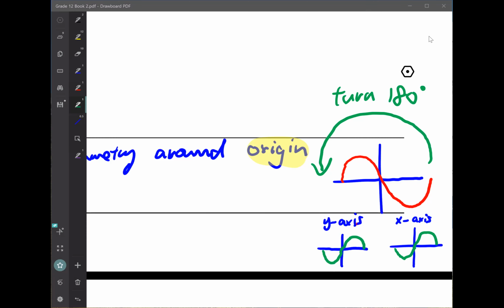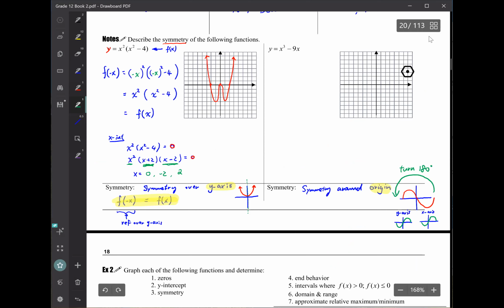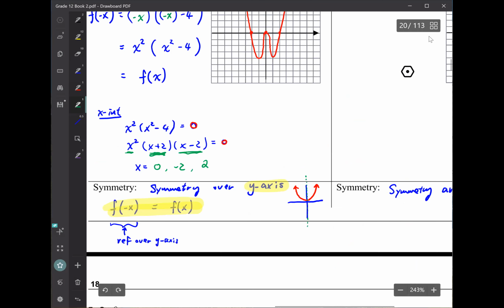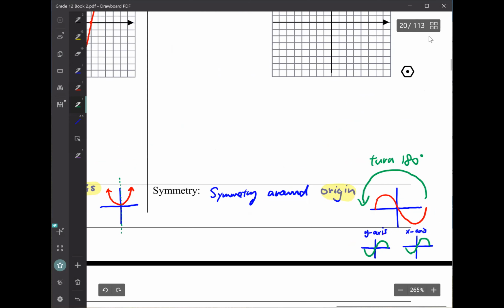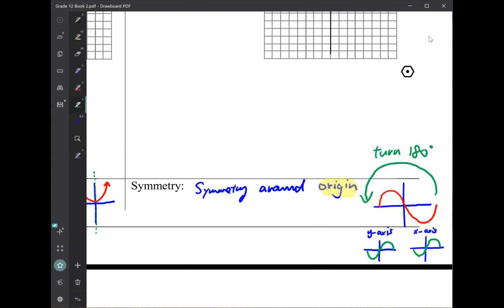Before, reflecting over the y-axis looked the same as the original, and for this one, there are two reflections, and then they look the same. When this happens, we call this symmetry around the origin. The two graphs look the same.